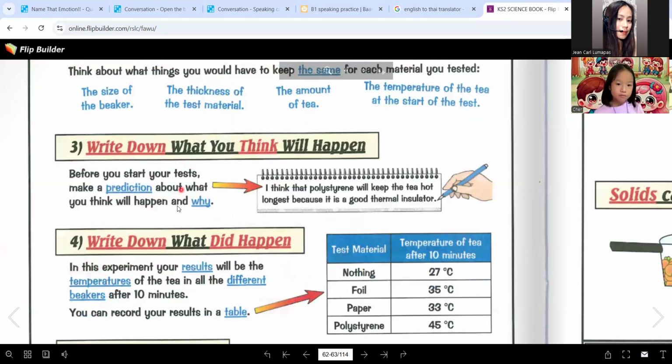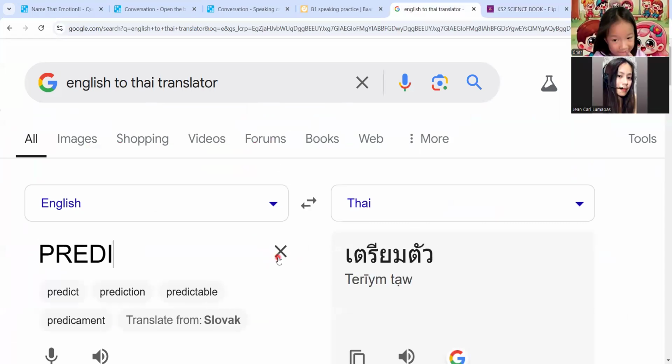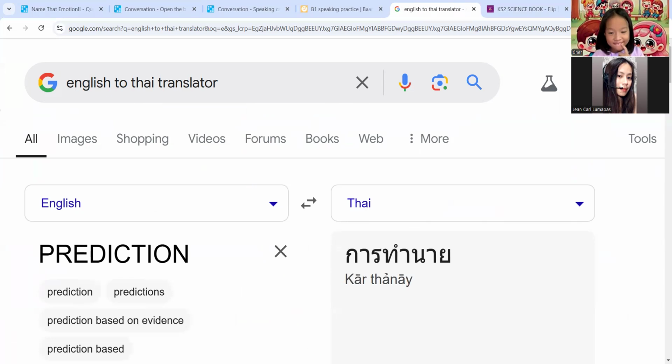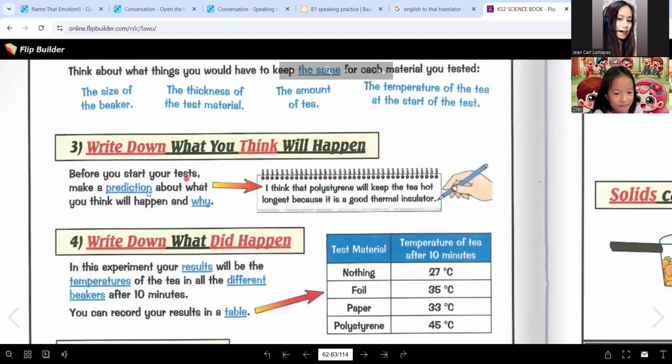Before you start your test, make a prediction. I'm going to show you what a prediction is. Is it correct? No. Write down what you think will happen.